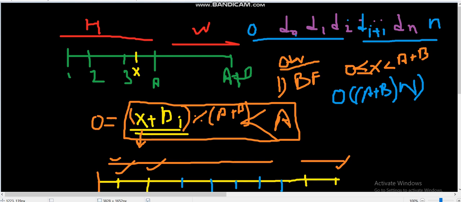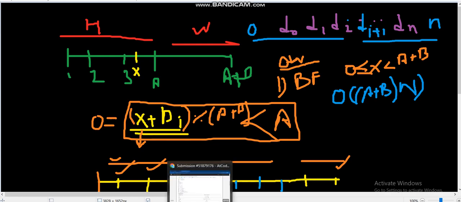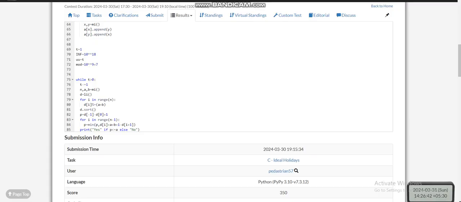If it is less than or equal to a, our answer is yes, otherwise our answer is no. That's why we are taking p equals minimum of p comma di plus a plus b minus 1 minus di plus 1. It's nothing but considering the two cases. Now if p is less than or equal to a, our answer will be yes, otherwise no.